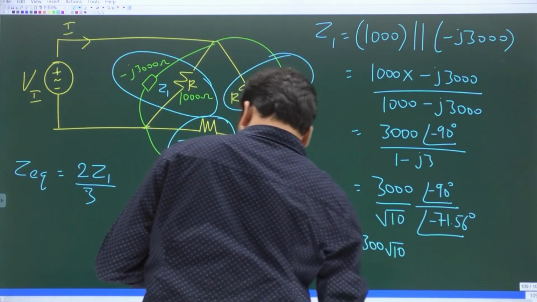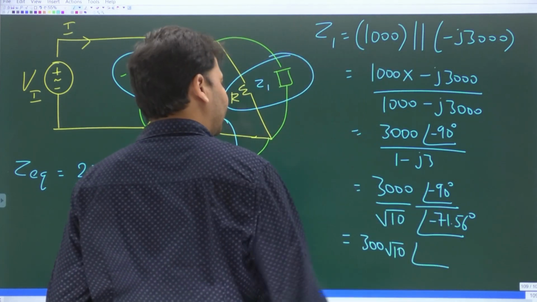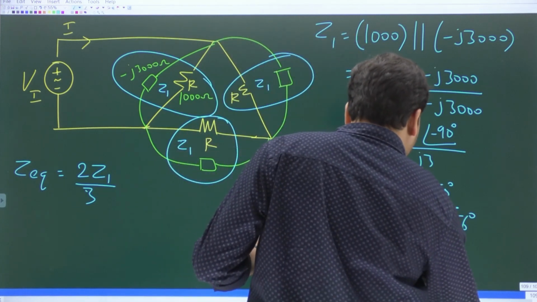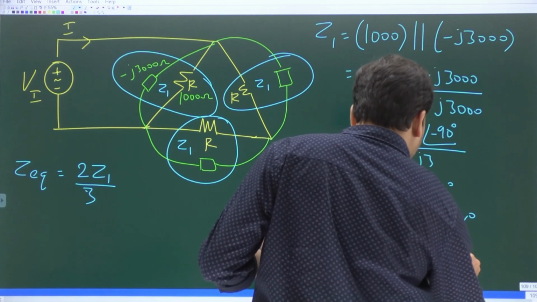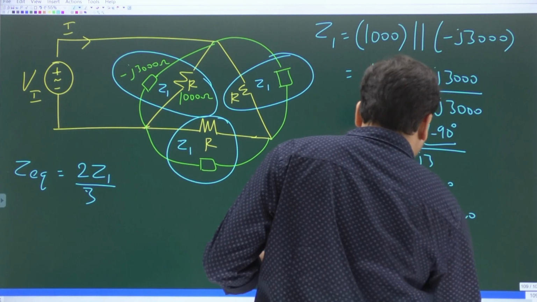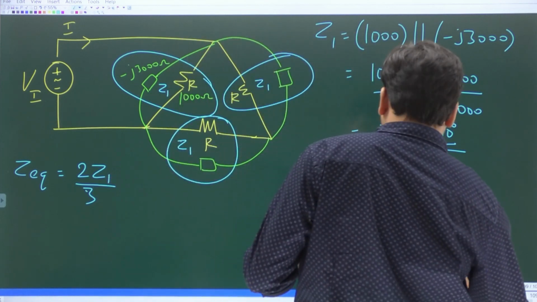So 300 root 10 at an angle minus 90 degrees plus 71.56 degrees. I think it will be minus 18.44 degrees. This should be correct. Yes, minus 18.44 degrees.